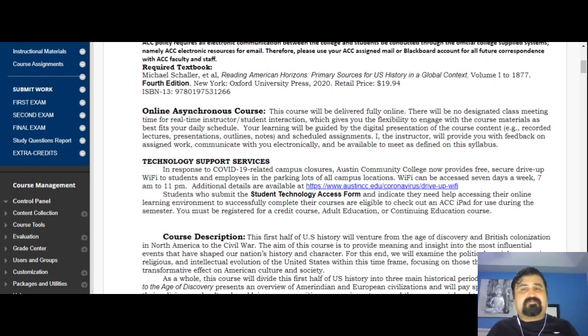Retail price is $20, $19 with 94 cents. So new. I mean, more than likely you'll find some used versions at the bookstore for much less. So this is the only financial investment you're going to make in this class in terms of textbooks.